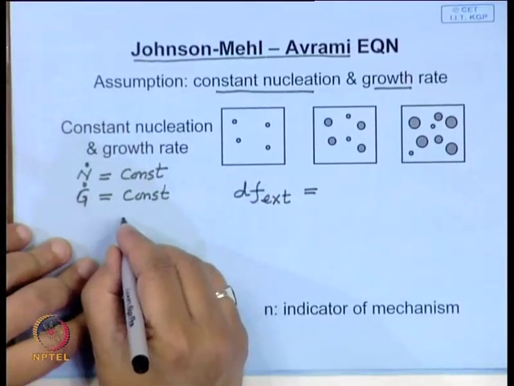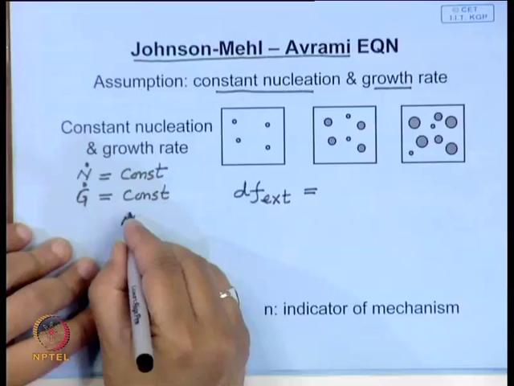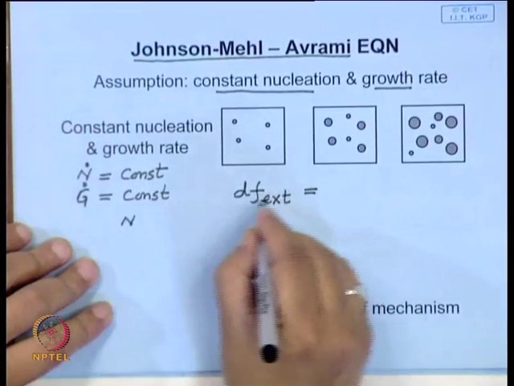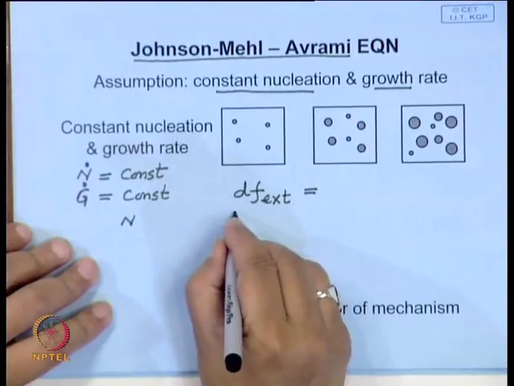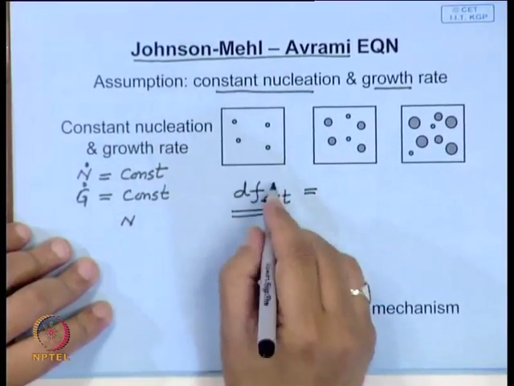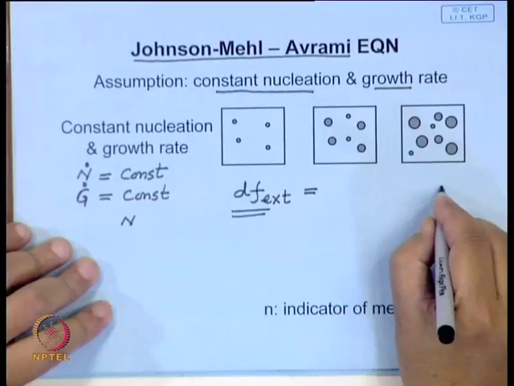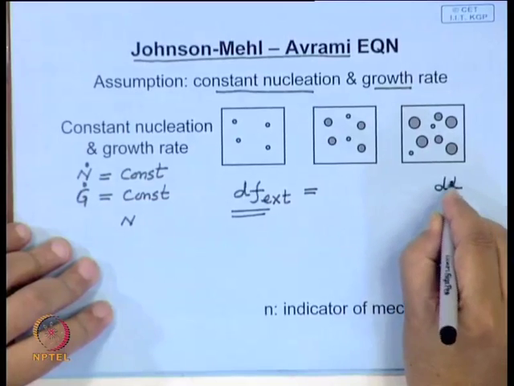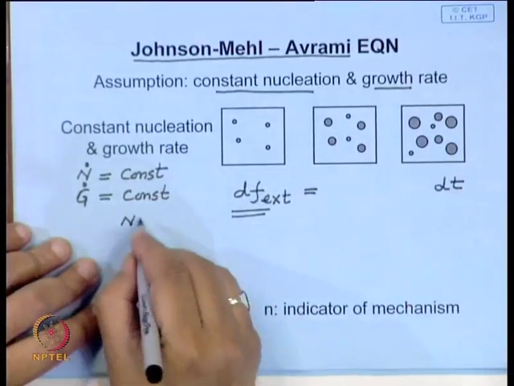So, at any time t, if the time increases, say we want to find out the increment in extended volume during a time period, how will you calculate?